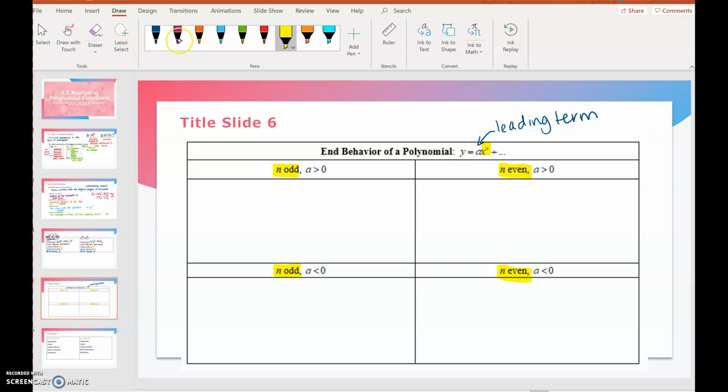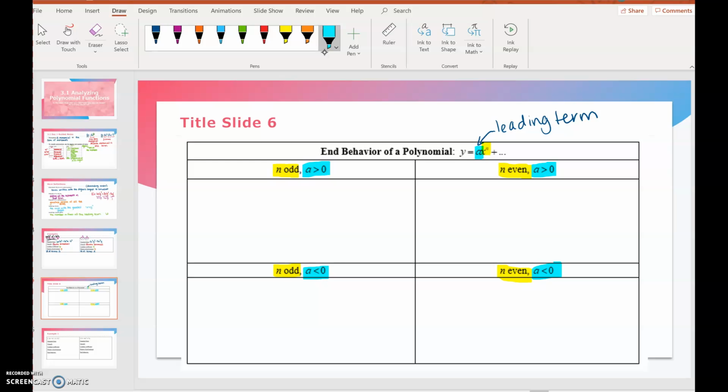And then we're also going to look at the a value and whether the a value is less than 0 or greater than 0. Okay, so that's what we're going to be looking at.